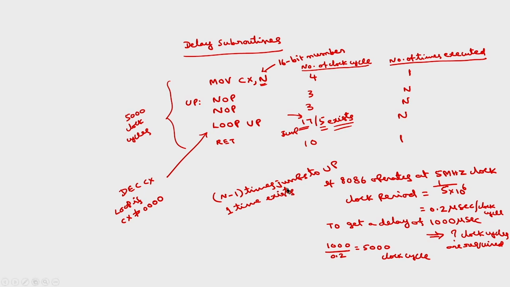Okay. So, then the total delay of this program is the number of clock cycles into the number of times, plus the number of clock cycles into the number of times, like that you have to add.